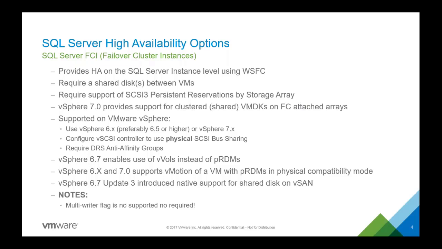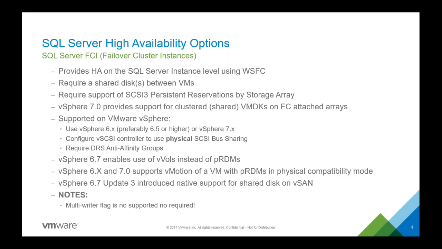What does it mean? It means we need to share a disk and provide access to that shared disk to a separate VM from the ESXi platform. There are a lot of exciting things happening nowadays with vSphere 7.0 being able to provide support for clustered VMDK on fiber channel arrays. What does it mean for you?